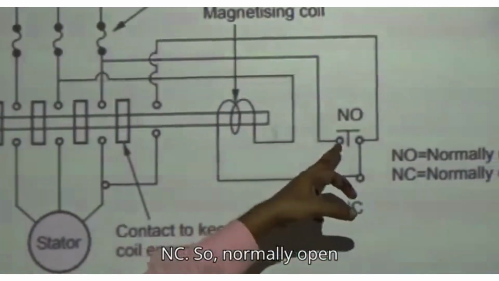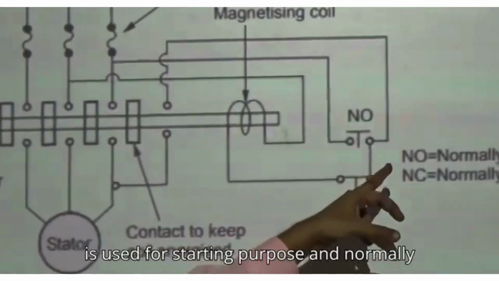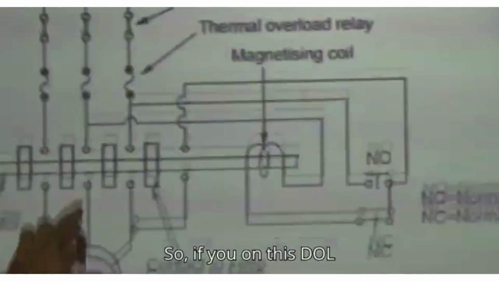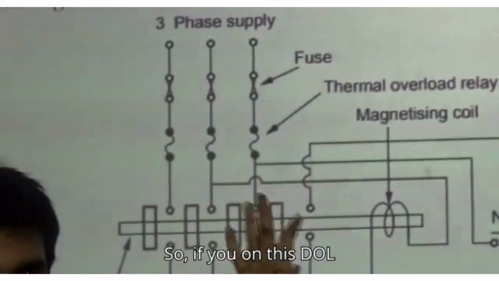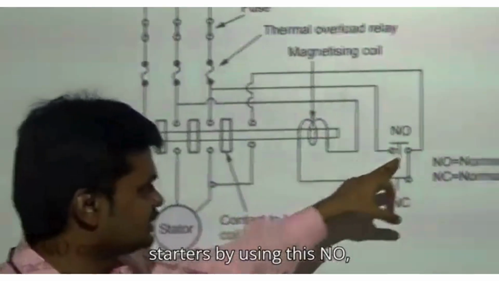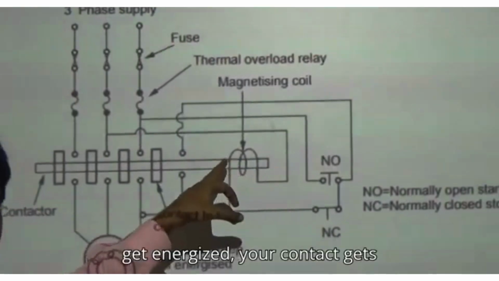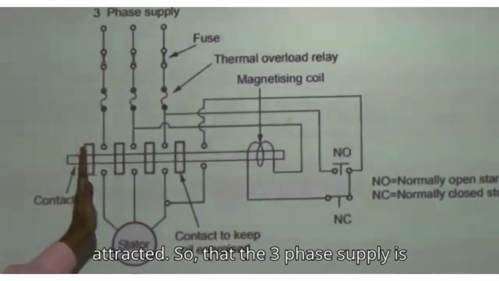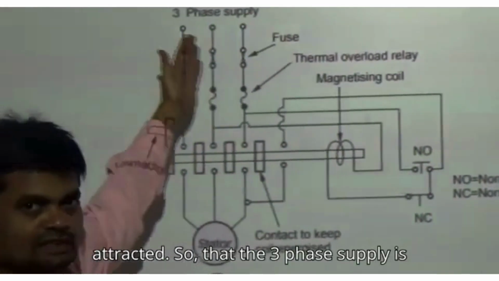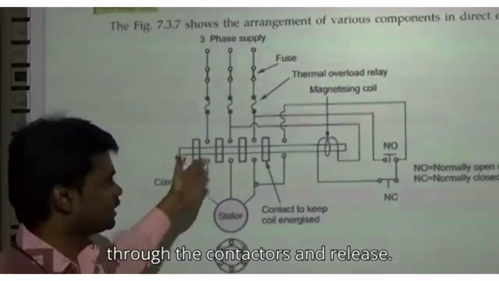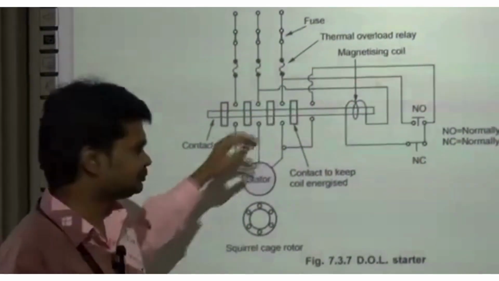So if you turn on this DOL starter by using this NO, the coil automatically gets energized and the contact gets attracted, so that the three-phase supply is directly fed to the induction motor through the contactors and relays.